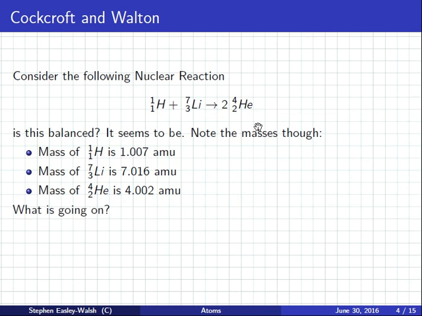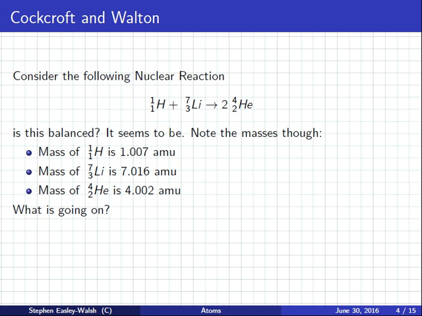So, what's going on here? You remember when I said, not heat, well, it could be heat. Remember what I said for the conservation? The nucleon number is conserved, the charge is conserved, the momentum is conserved, and the energy is conserved.